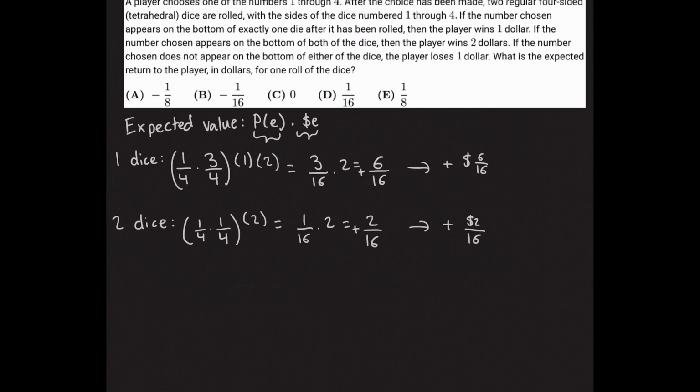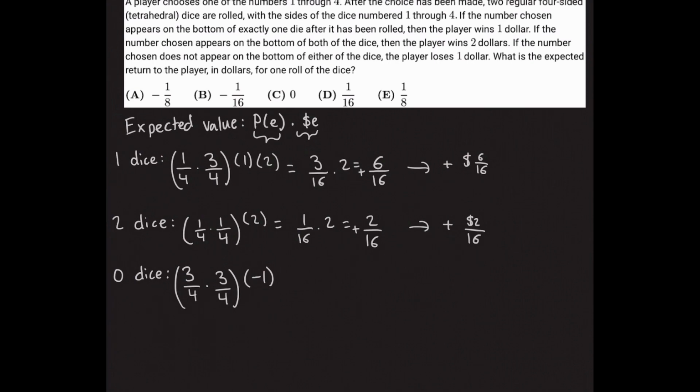Now, our third and final case is in which the number doesn't appear on the bottom of either die, or of either roll. So this would be 0 dice. Now the probability of this occurring is 3 over 4, because your number can only happen one time out of 4, so 3 out of 4 times it won't occur, times 3 out of 4. And here you lose $1, so let's multiply by -1.